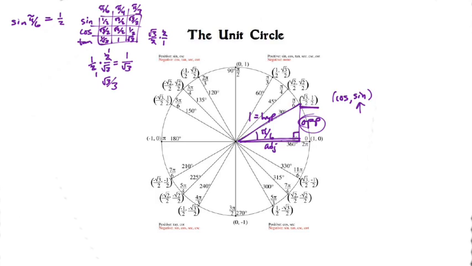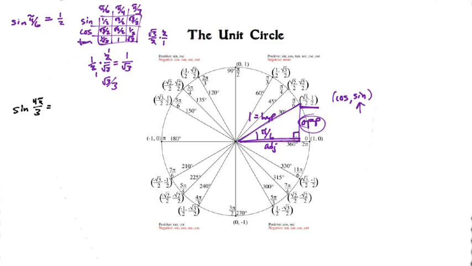I think knowing the unit circle is way better because when you know the unit circle, you also know the quadrants that you're in. For example, let's say I had sine of 4 pi over 3. Because it's 4 pi over 3, it's greater than 3 pi over 3, which means it's greater than pi.